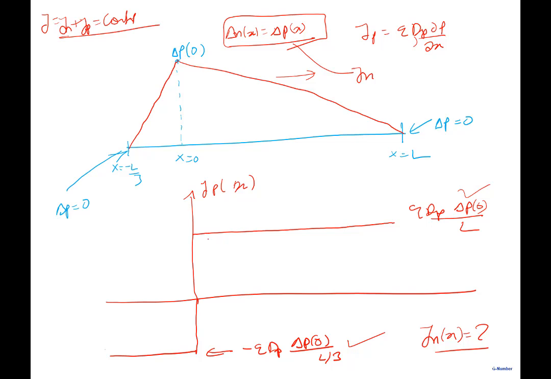So assuming that currents are diffusive, you just do the calculation for Jn also, draw it together, add up Jp plus Jn, and you will find it's not a constant. So somewhere something is wrong. Current has to be constant. Whatever the value, 0, non-zero, whatever, it has to be constant.